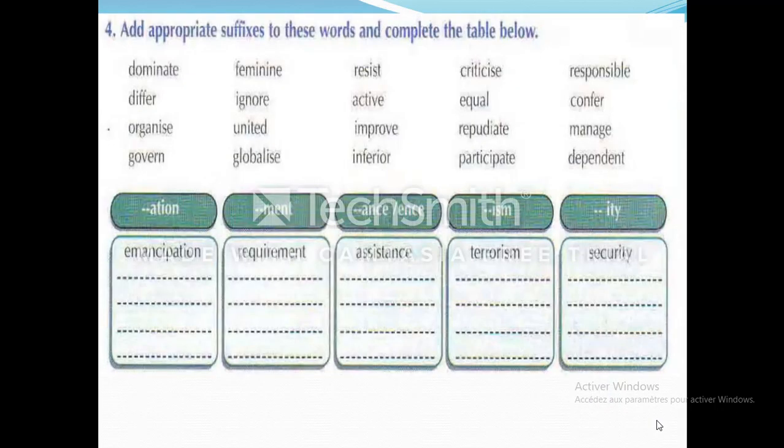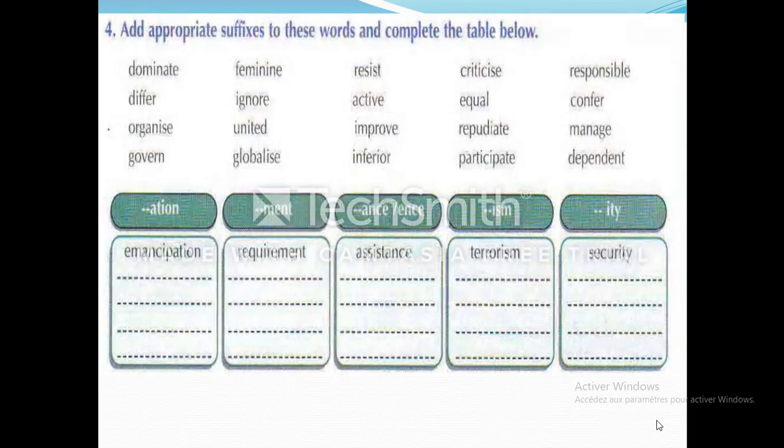Here, add appropriate suffixes to these words and complete the table below. You have 5 columns with different suffixes, and a list of words. Some examples have already been given to you. For example, the first column has the suffix ation, like emancipation.